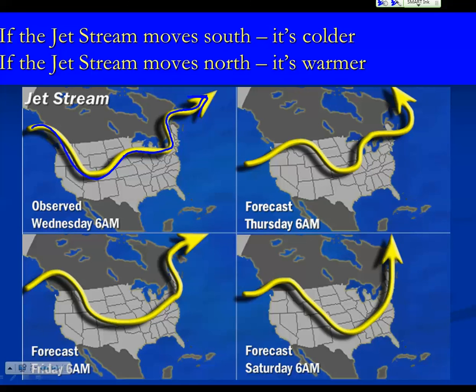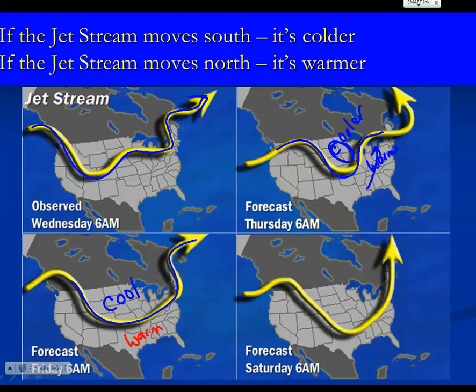Thursday at 6 a.m., you can see this little drop right here moving over this area of the country. And this is going to make it cooler there, but warmer here because it's drawing the warm air up. And on Friday at 6 a.m., you can see this major drop in the jet stream and a lot of cool air here. And relatively, the warm air is stuck down there.